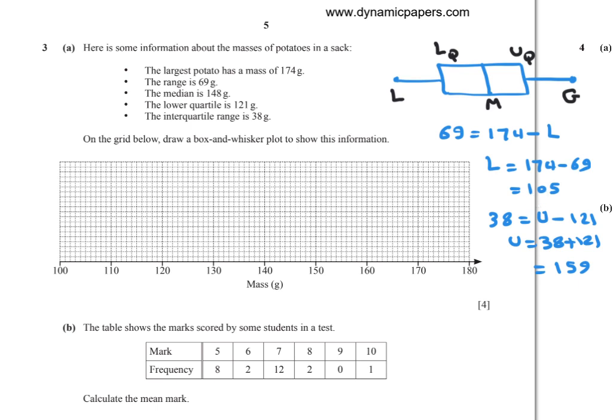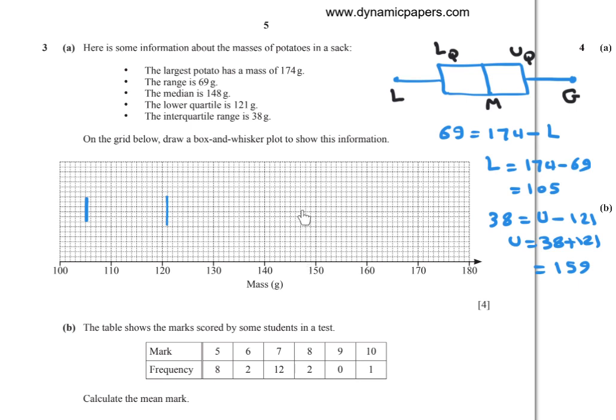Now you can draw the least value, 105. So this is 105. And now the lower quartile is 121. So 121. And the median 148.